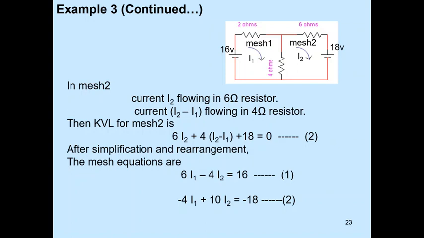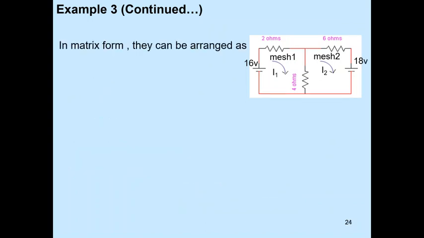So these two mesh equations we can write in matrix form. There is 6, minus 4 and minus 4, 10 into I1 and I2 is equal to 16, minus 18. This is the voltage matrix.